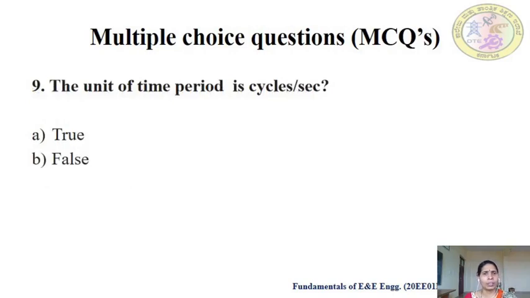Let's go through the next one. The unit of time period is cycles per second. True or false? It is false, because the time period is measured in seconds.